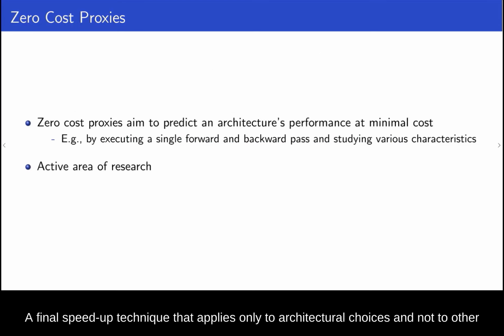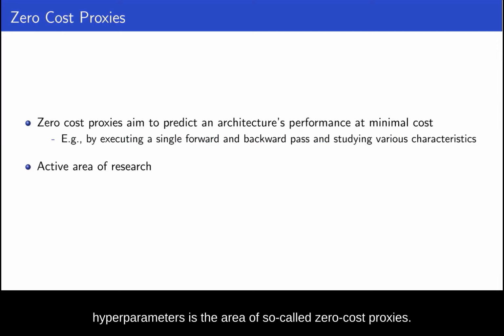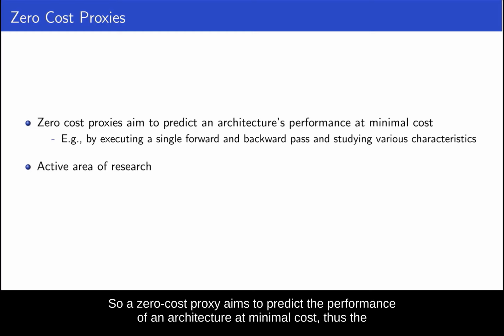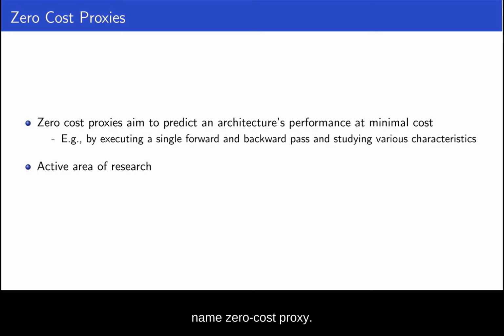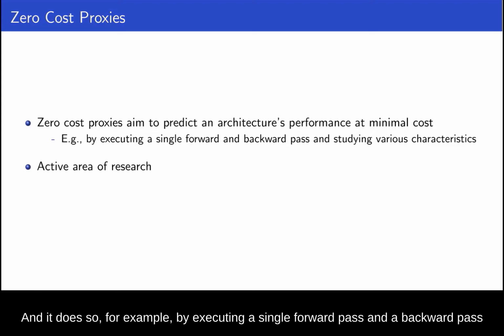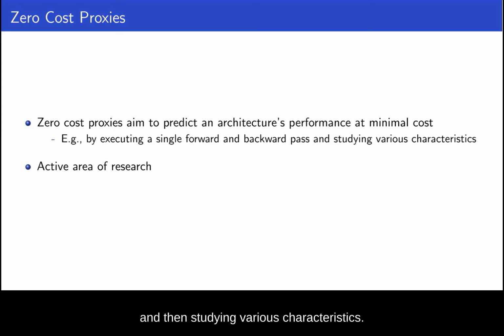A final speedup technique that applies only to architectural choices and not to other hyperparameters is the area of so-called zero-cost proxies. A zero-cost proxy aims to predict the performance of an architecture at minimal cost, thus the name zero-cost proxy. And it does so, for example, by executing a single forward pass and a backward pass, and then studying various characteristics.